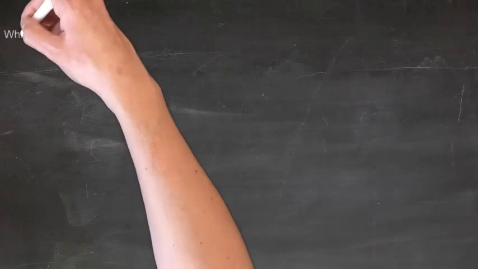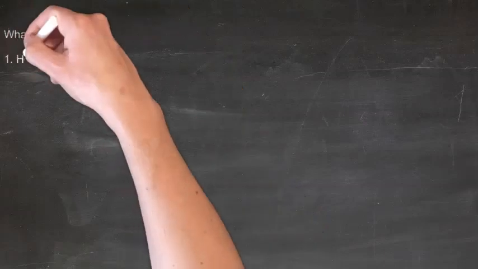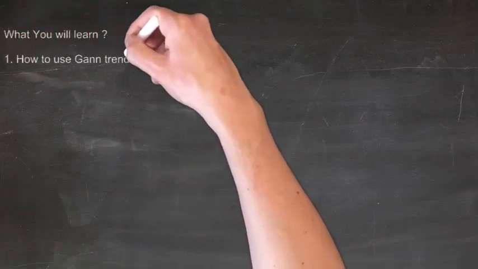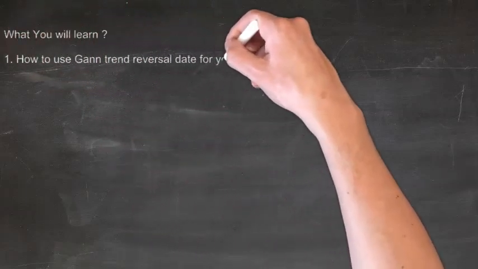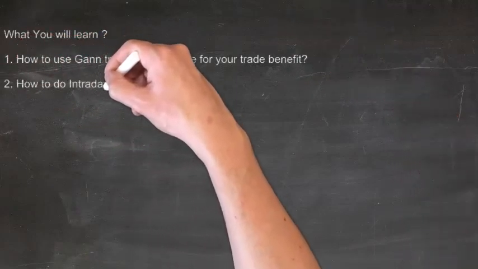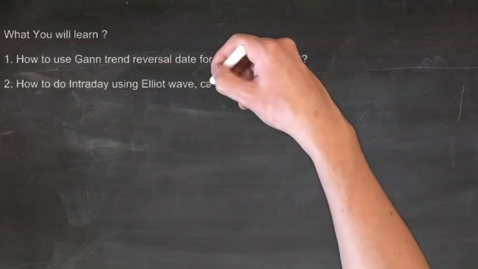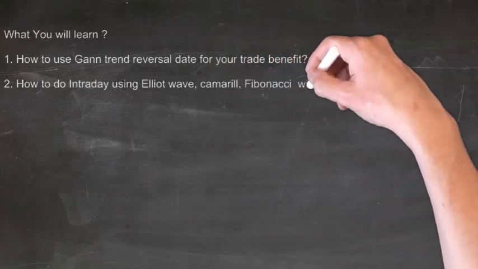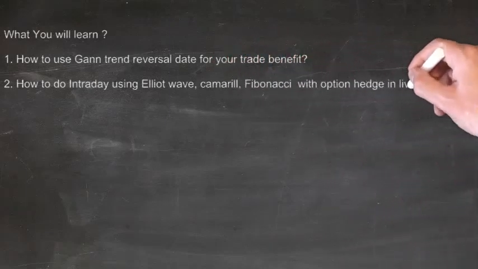The topics for the program will be as follows: how you can use the Gann trend reversal date for your trade benefit, how to do intraday trade using the Elliott wave calculator, Camarilla, and Fibonacci calculator along with option hedging.